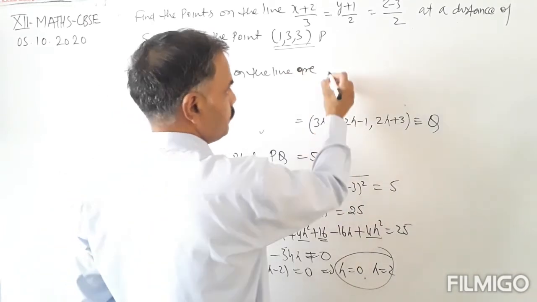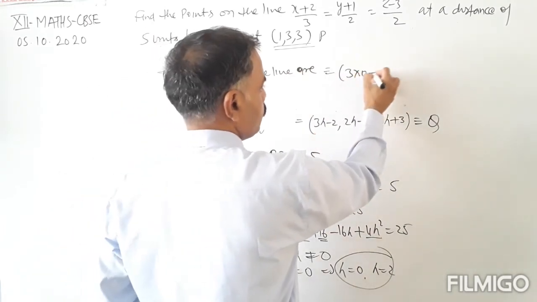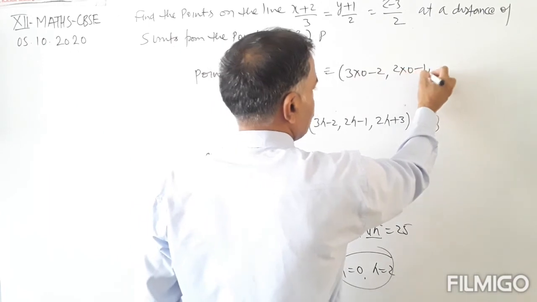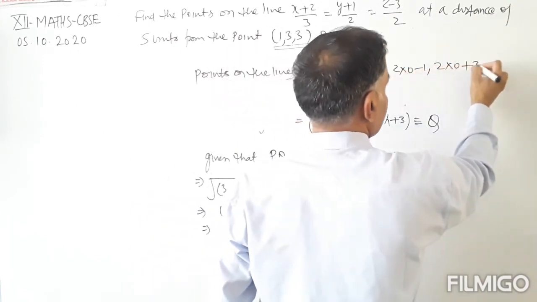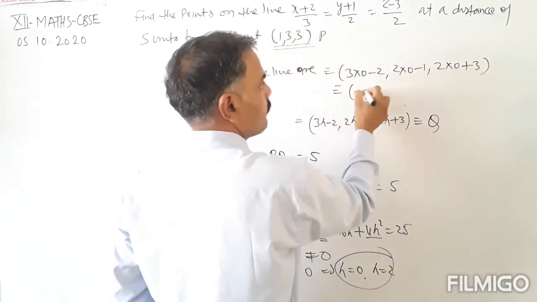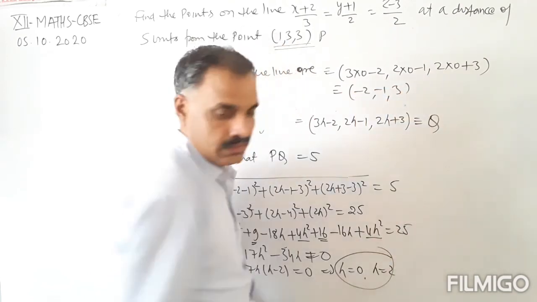If lambda equals 0, the point is 3 into 0 minus 2, 2 into 0 minus 1 and 2 into 0 plus 3. The point is (-2, -1, 3).